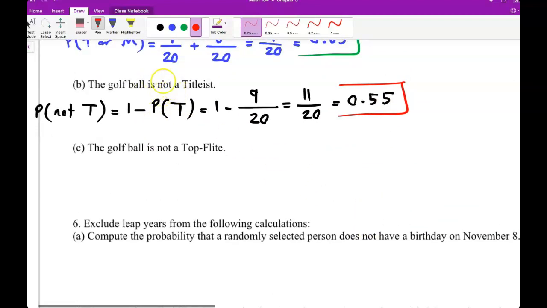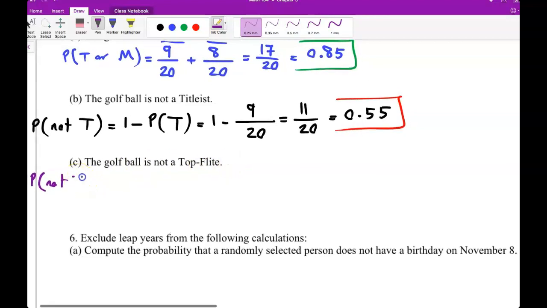Here it is "not", that's why we are subtracting from 1. Here again it is "not", so again we subtract from 1. Probability of not TF: again subtract from 1. Here we have probability of top flight, and subtracting from 1 is for when we don't have that. It's 1 minus, for TF we have 3, in total 20.